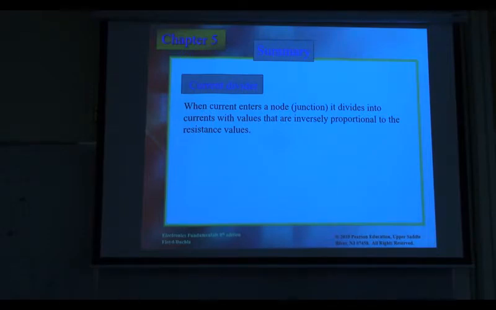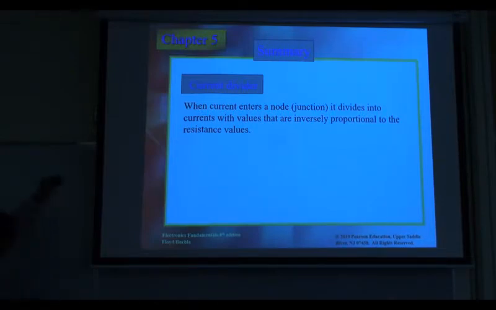Let me draw the circuit: R1, R2, and Vs. I want to know the voltage on R1. Can I use the voltage divider? No. Why? This is a parallel circuit, and I need a series circuit.